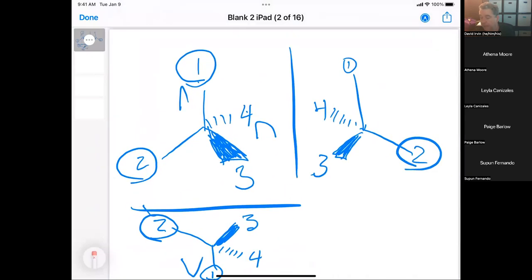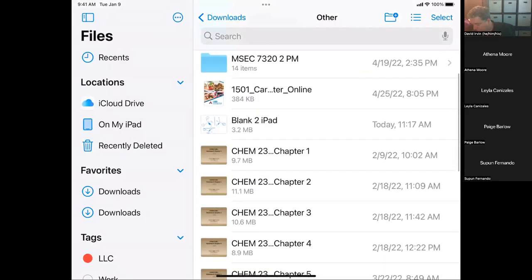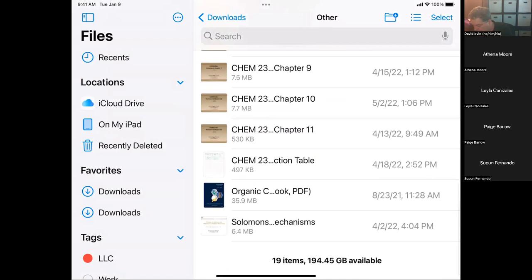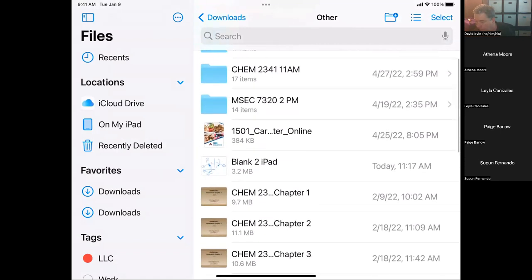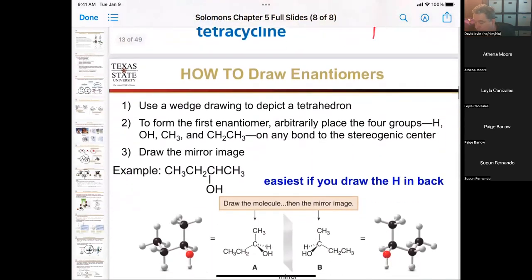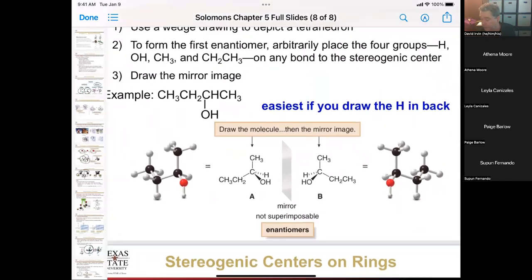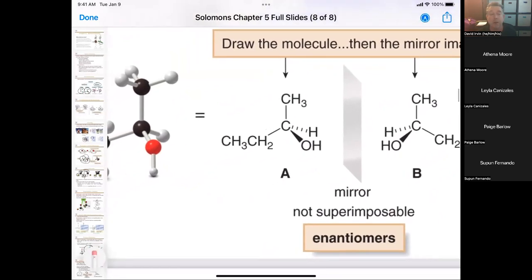So that being said, let's go back to our that's the end there. All right. Whenever we draw our enantiomers, we want to use that same kind of structure. We're going to take our structure, and notice all of these have to be in some kind of stereo structure. You have to have wedges and dashes. If you don't have wedges and dashes, then you can't get your stereochemistry right.